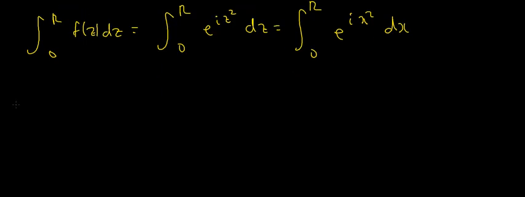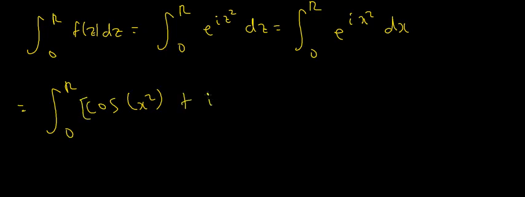so this is just equal to the integral from 0 to r of cos of x squared plus i sine of x squared dx.